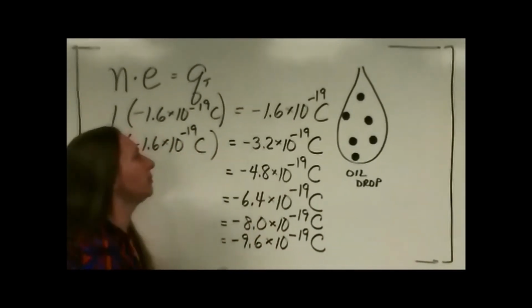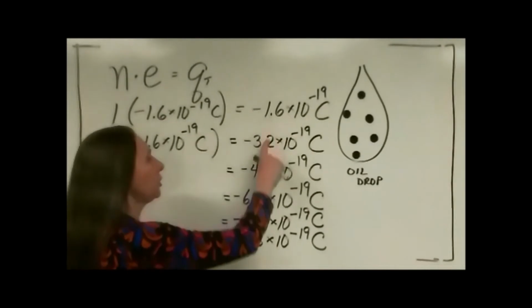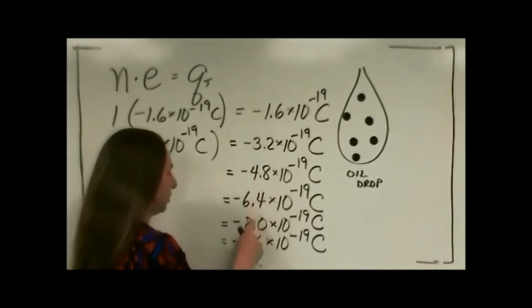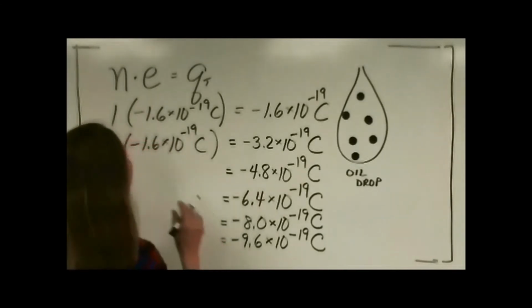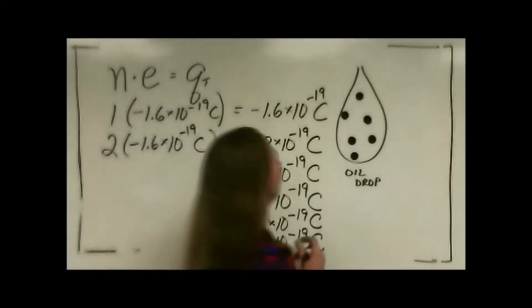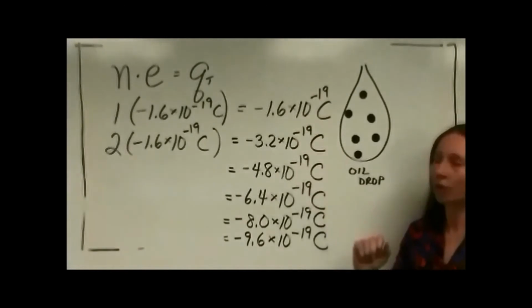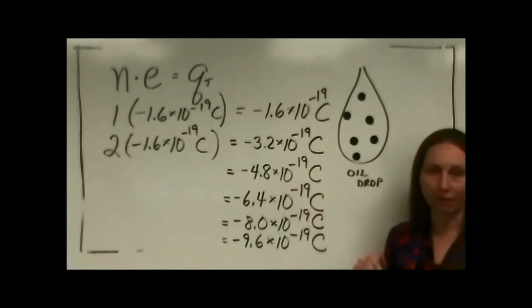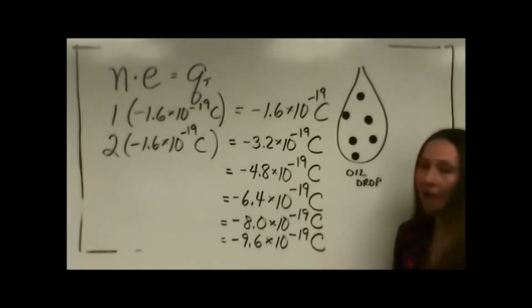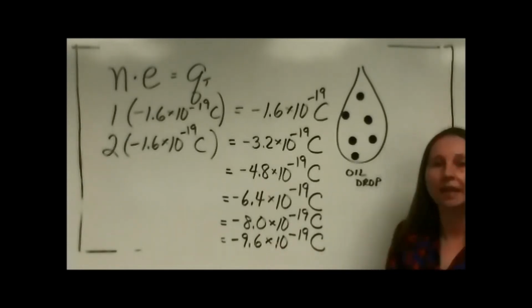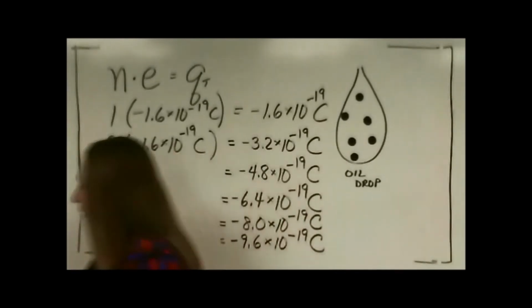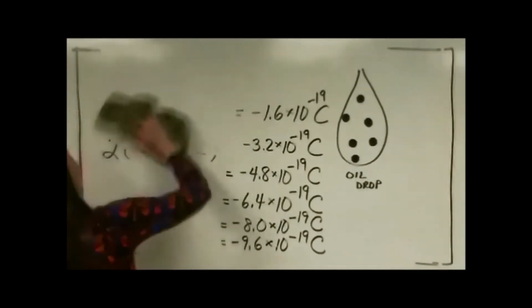So you see that, generally speaking, multiples of 1.6 are definitely possible because it gives you a whole number of electrons. You have 1 electron, 2 electrons, 3 electrons, 4 electrons, 5 electrons, or 6 electrons. See, you can't have half an electron. You can't have a fraction of an electron.